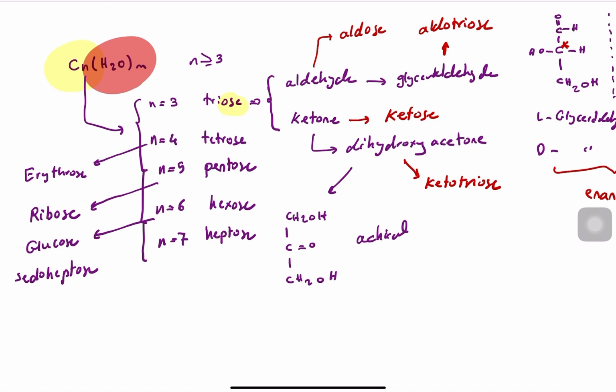As you see here, this classification is related to the number of carbons. And with the carbons, usually the number of waters is also the same as the number of carbons. In some books they write CH2O n times.